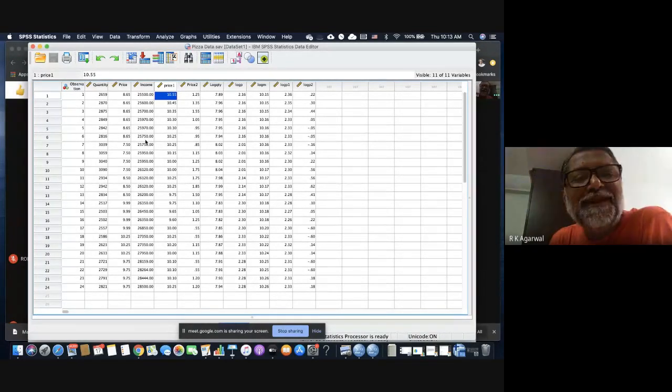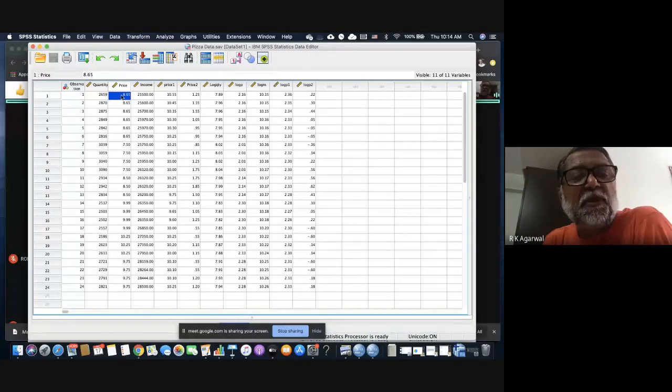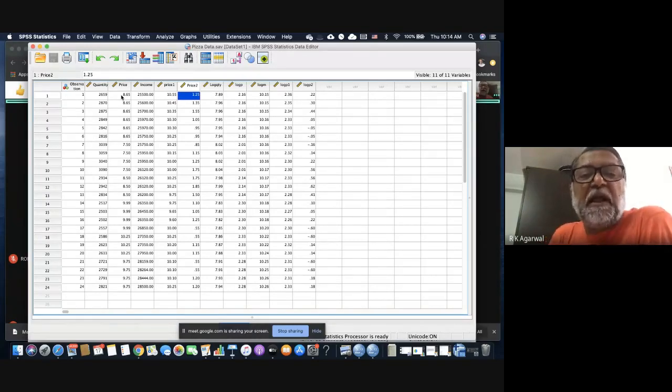So let's say this price stands for Domino's Pizza. This price stands for price of McDonald's Pizza. This price stands for price of Pizza Hut Pizza. And these are therefore 3 different brands of pizzas and 3 different sets of prices.